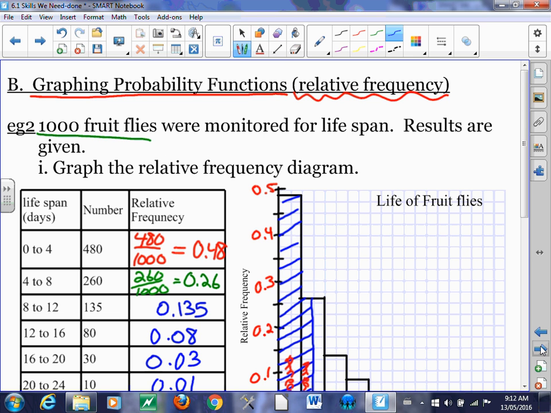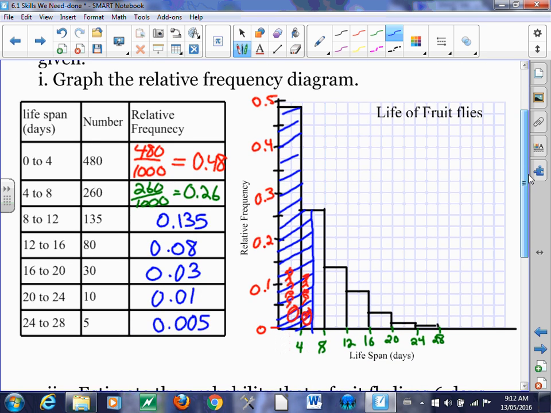In order to graph it, you have to do a table. You're going to take a look at our table here, where the values are given. But remember, in order to graph it, you need to do what's called the relative frequency, because that's what it asked for.